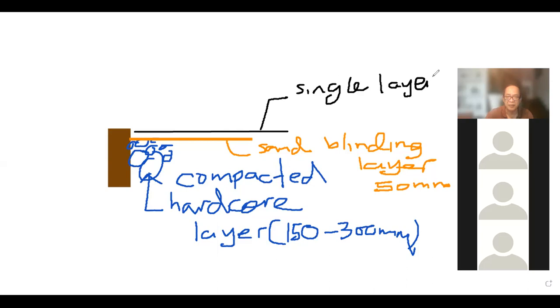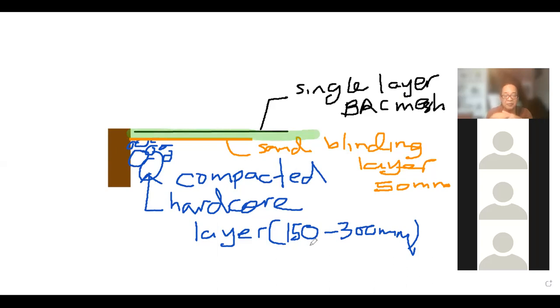Usually what we use on site is a mesh, RC mesh, as the reinforcement for the ground slab. And finally, concreting for the ground slab is carried out.